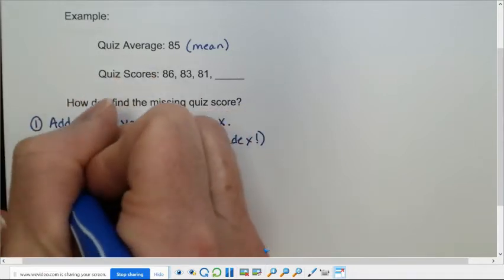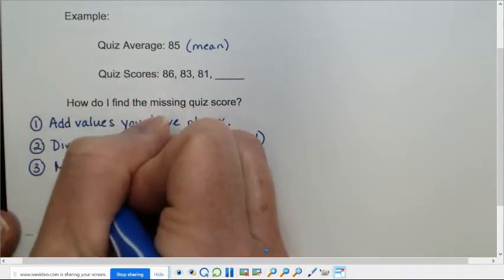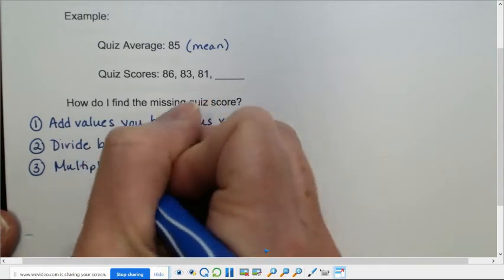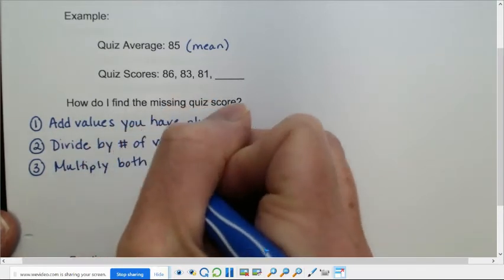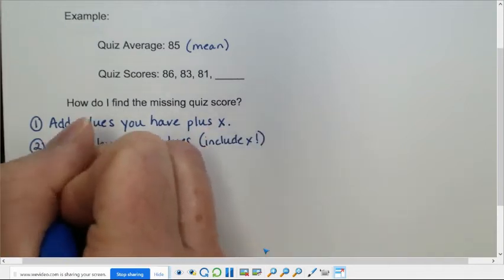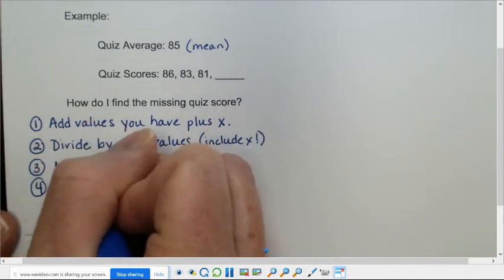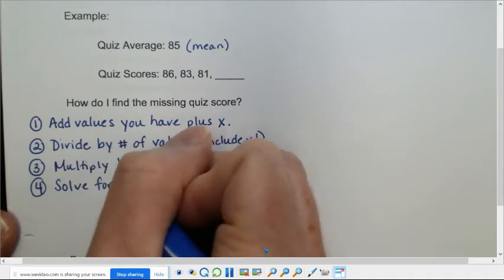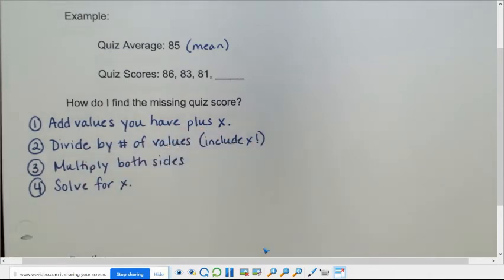My third step would be to multiply on both sides. And then my last step would be to solve for X. I'm going to show you how this all works once I put it together.